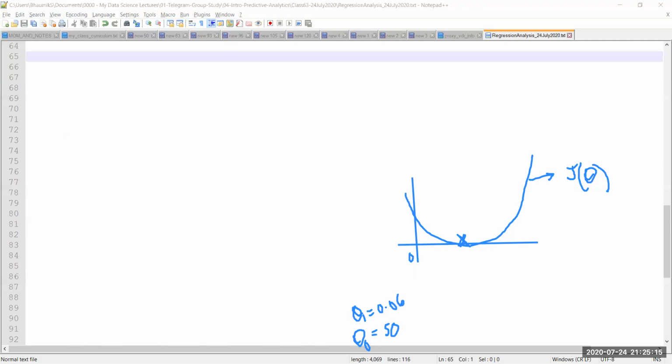Let's just try to draw the y and x axis. So x and y axis we have drawn, and let's say this is the line. Why is this line not passing through the origin and going through a point here? I have defined this point that theta 0 is equal to 50. Why is this 50? Maybe you are looking for a rent of that flat through some kind of broker.